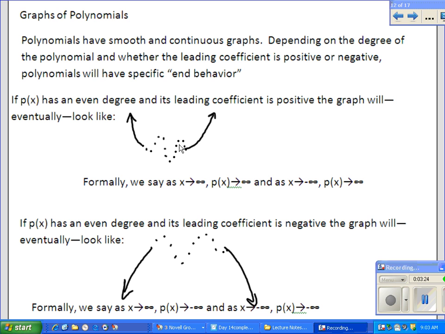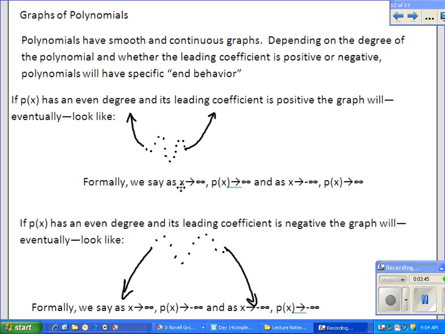It might bounce around a little in between, but like a nice quadratic equation has an even degree, and if its leading coefficient is positive, it'll look like this. But anything with degree 4, degree 6, degree 12 is going to look something like this. But eventually, as we go off to the right and go off to the left, the function will be increasing.